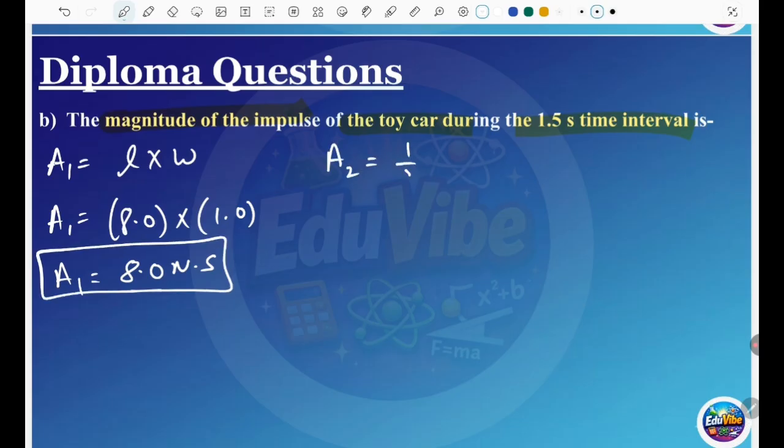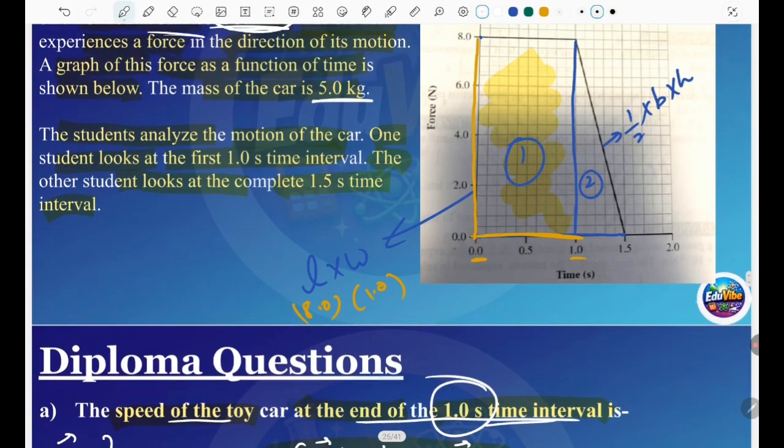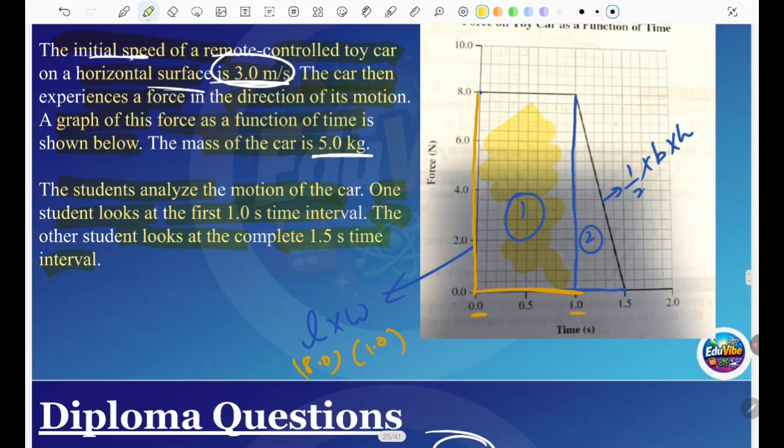For area 2, we have one half times base times height, so we find the base and height from the triangle. Our base is from 1.0 to 1.5, so 1.5 minus 1.0 gives 0.5 seconds.